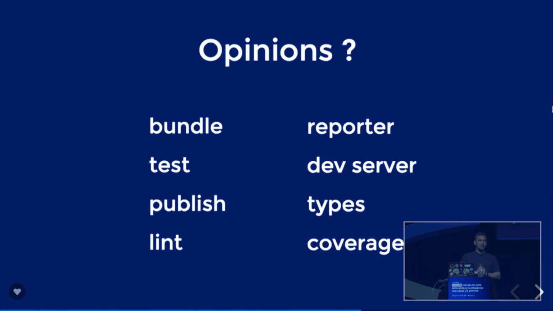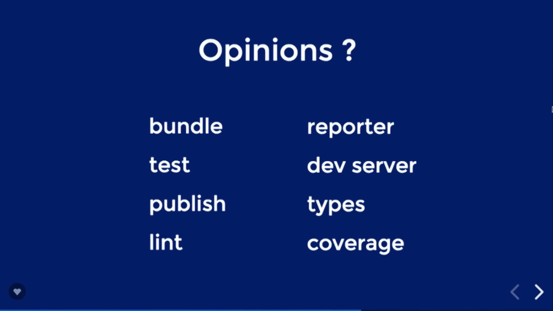Why zero-config? First of all, opinions. Everyone here has a really great opinion about all those steps: bundle, test, publish, lint. We have a lot of tools for lint right now, reporters, and so on.